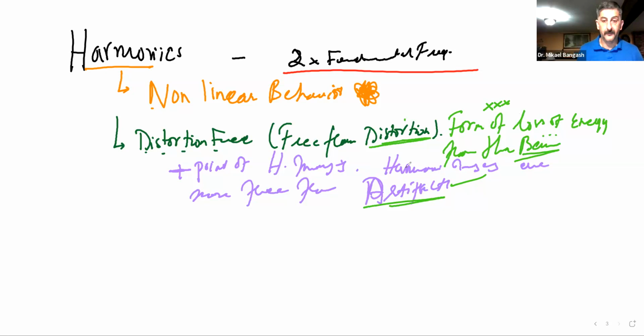It is going to be free from the possible artifacts that could have been produced as a result of distortion, where distortion was loss of energy from the beam. But we can mainly say the main plus point of harmonic imaging here is that they will be free from artifacts.